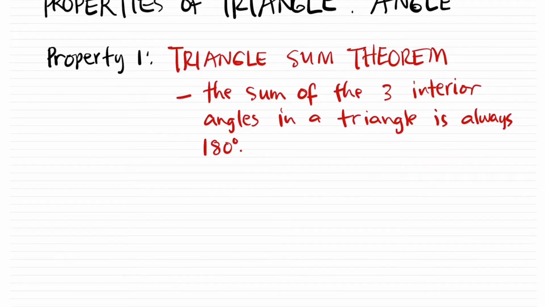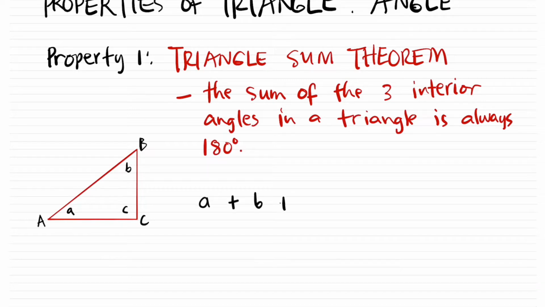So if I have a triangle here, with A, B, and C, the sum of angle A plus angle B plus angle C is equal to 180 degrees.